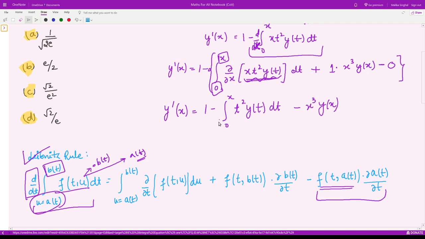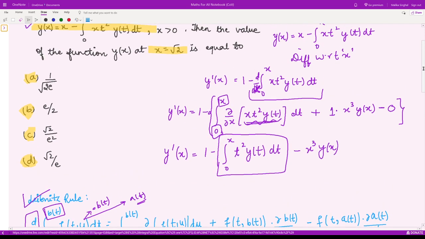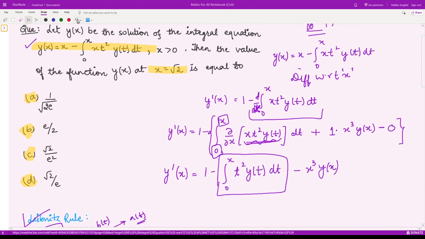Now we must find the value of this integral, and we can obtain it from the given equation. In this equation, I can take this term onto the left hand side, and take x common out of the integration sign, because the integration is only with respect to t. So this would be equal to x minus y of x.